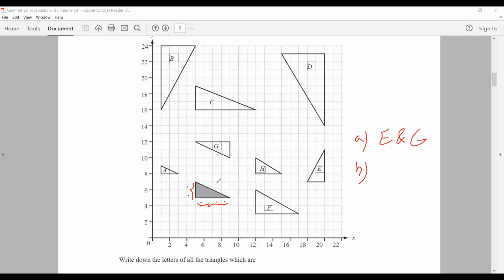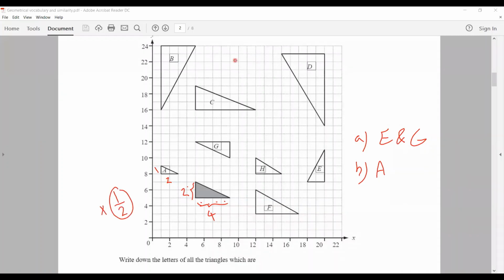So that's the case of enlargement. If this is 4 and 2, look at A. This is 2 and this is 1. So if you divide each side by 2, you get 2 and 1 respectively. So A is similar and the scale factor is half in this case. We're multiplying it by half.